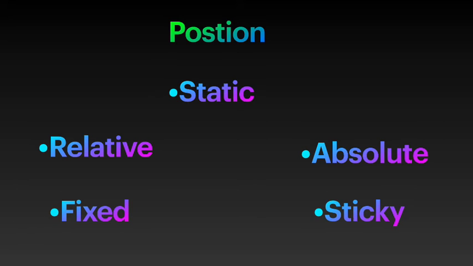But absolute has a condition. Absolute can change its behavior based on its parent tag. If a parent tag has a position other than static, absolute will follow the parent. Suppose the parent has a relative position, then absolute will place itself at the top based on the parent element, not the viewport.